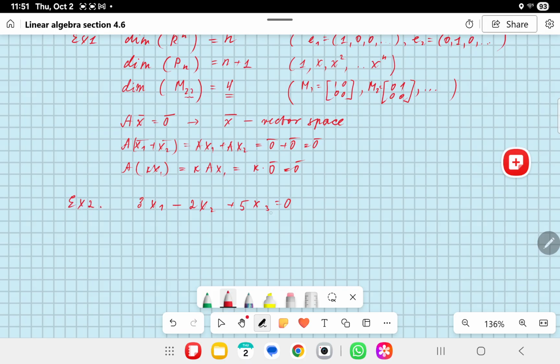If I divide this equation by 3, I'm going to get x1 minus 2 over 3 x2 plus 5 over 3 x3 equals 0. We have one leading variable and two free variables. I'm going to set them up as parameters p and, I don't know, t, for example.